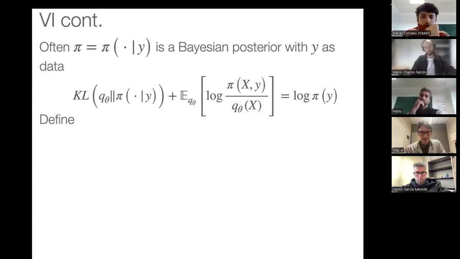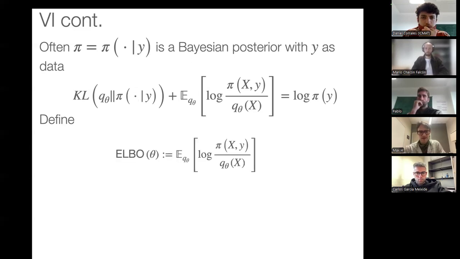And consequently, you can see that as the term on the right-hand side increases, because we have an equality here, the KL between the variational approximation and the target must decrease. And so, in fact, lots of variational inference optimization is done by attempting to maximize this quantity here, which is just called the ELBO.